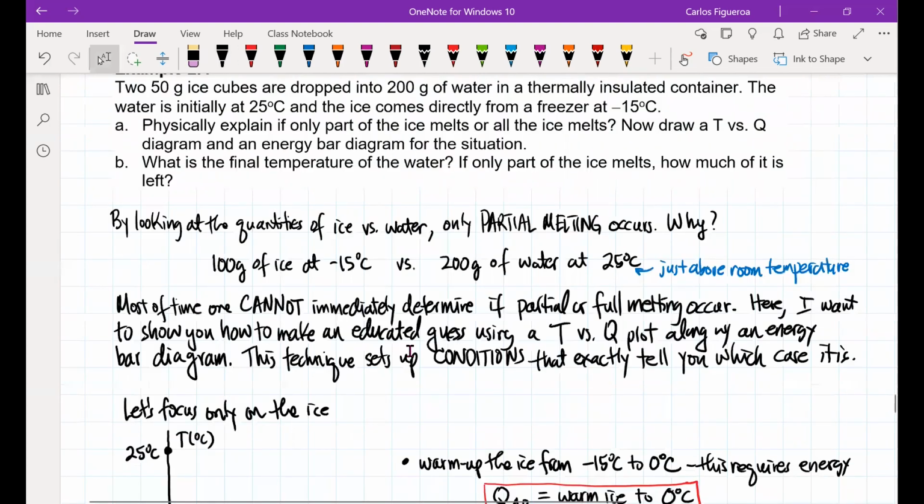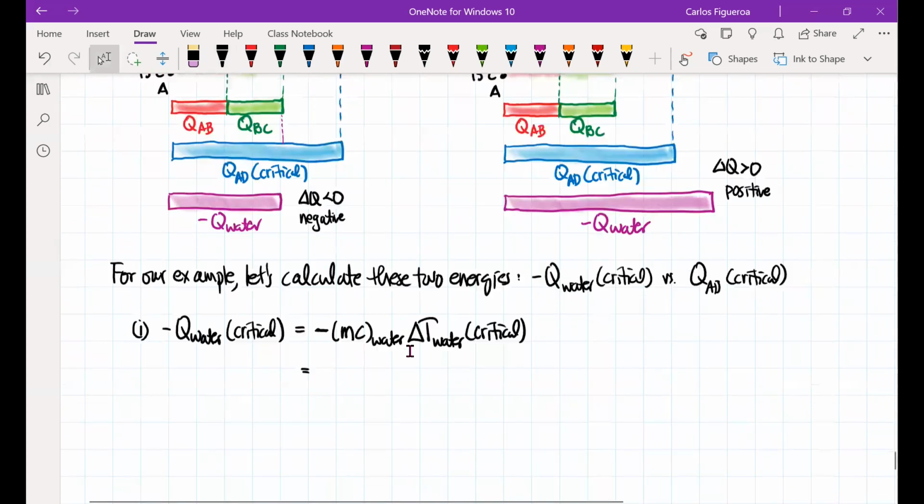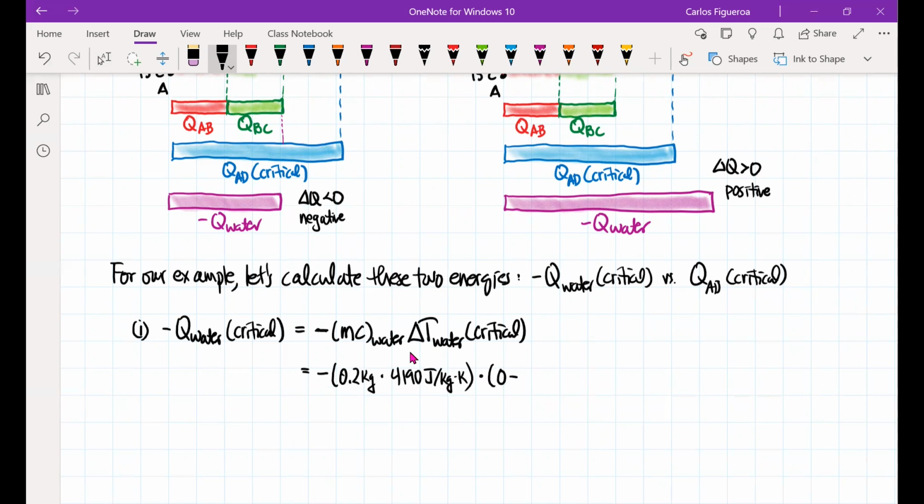I have 200 grams of water. Okay, I have 200 grams of water, so here I go. It's going to be minus, and look what I'm writing: 0.2 kilograms, then the specific heat of water, 4190 joules per kilogram degree Kelvin, times the temperature change to the critical point, which is 0 minus 25 degrees C. When I compute this number, I get positive 21.0 kilojoules, and this is the critical point for the water.